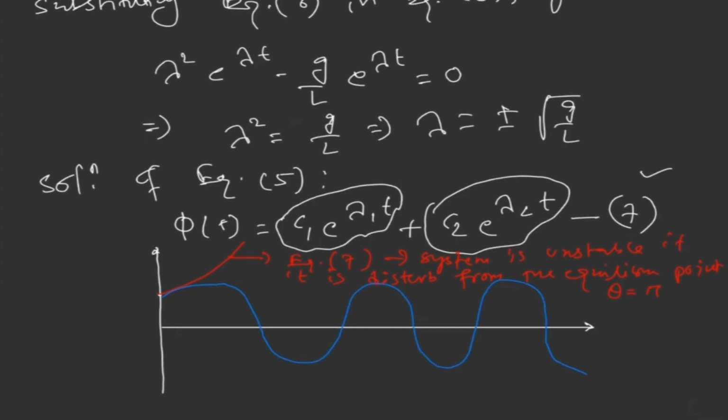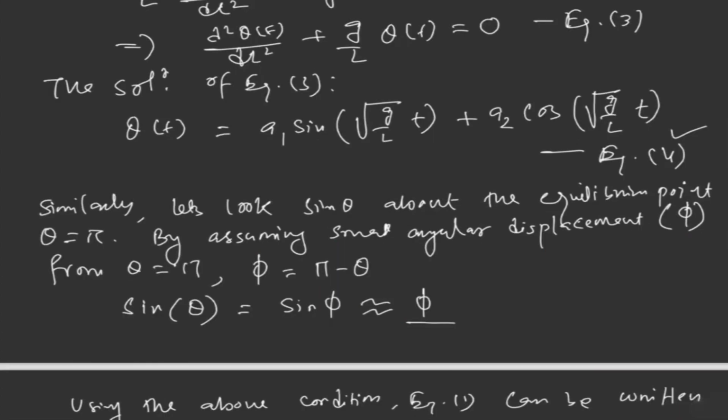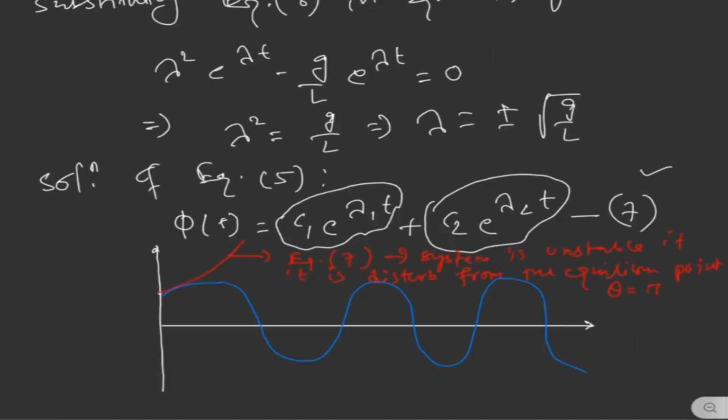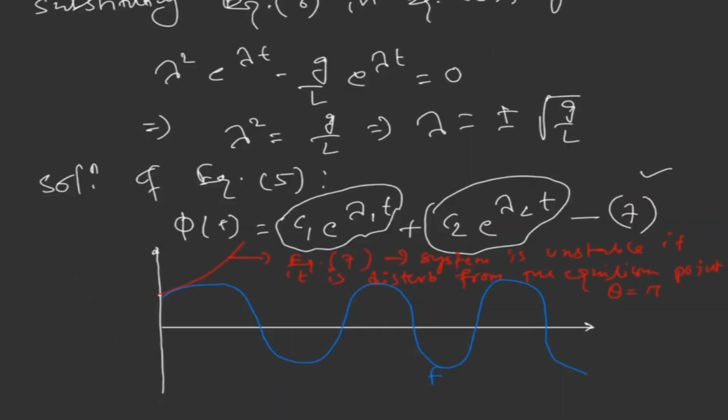Because of the presence of sine and cosine terms, the system will have sustained oscillation with the same frequency, and here a1, a2 are constants. So for equation number 5, we can say it is a stable equilibrium point. Why is it stable? Because the system is not diverging in magnitude. The system is oscillating, and it will continue like this.